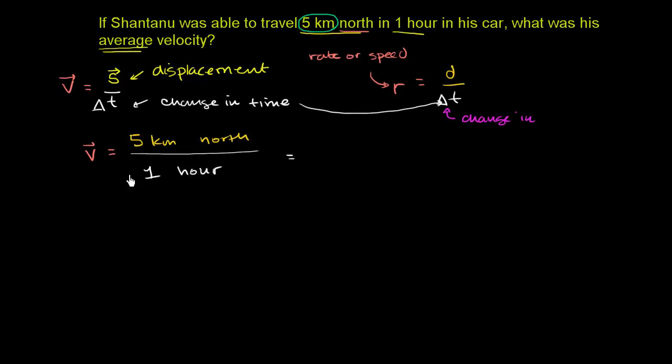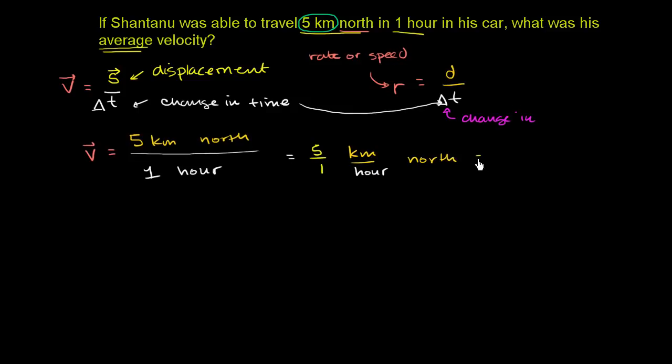So this is equal to, if you just look at the numerical part of it, 5 over 1. Let me just write it out. 5 over 1 kilometers, and you can treat the units the same way you would treat the quantities in a fraction. 5 over 1 kilometers per hour, and then to the north.